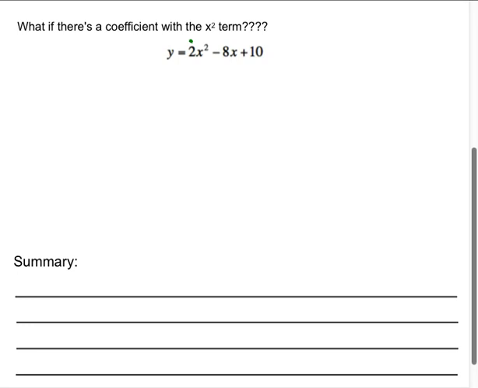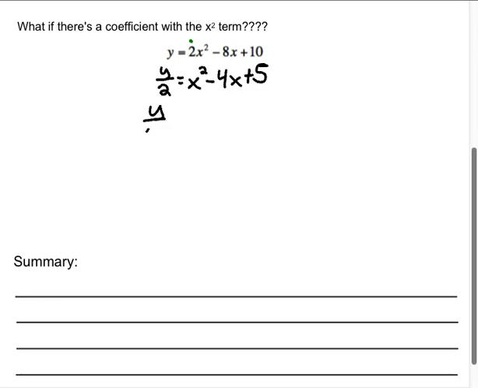So what I would implore you to do is divide everything by 2. Boom. Now that 2 isn't an issue anymore. I divided everything on both sides of my equation by 2.